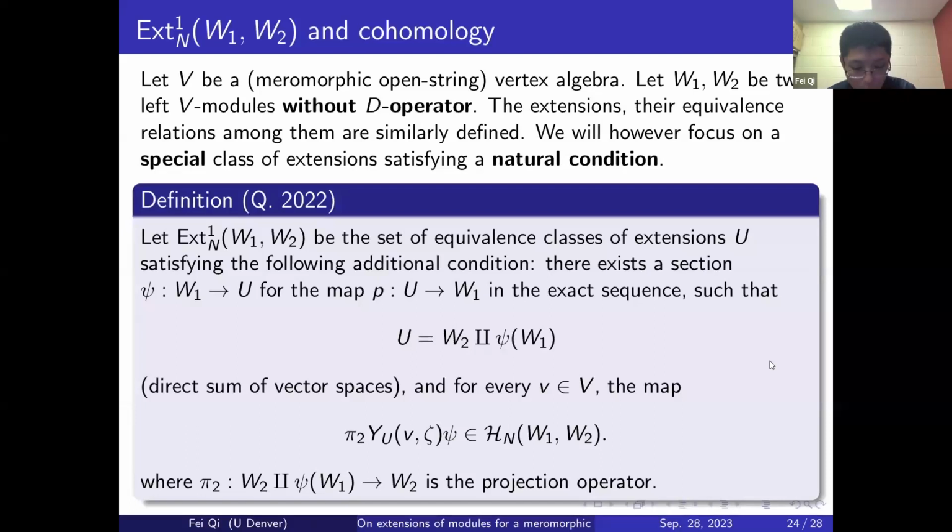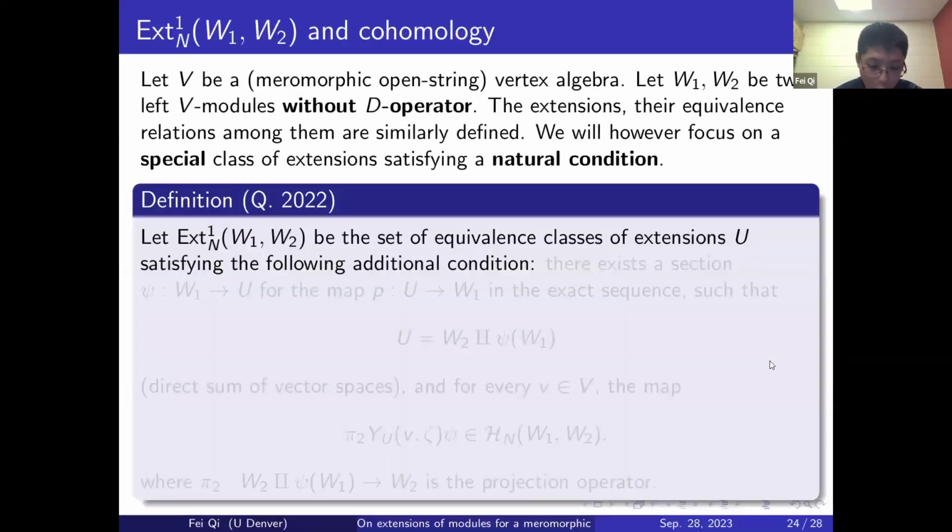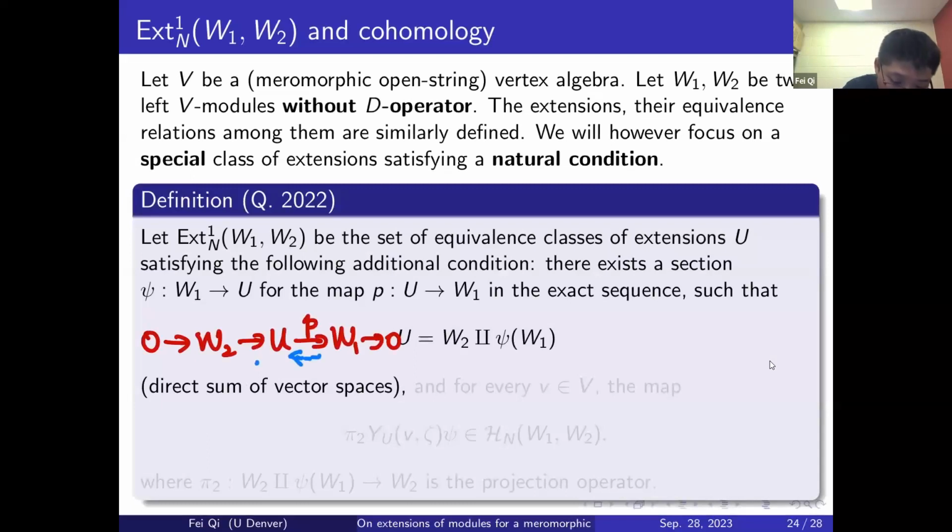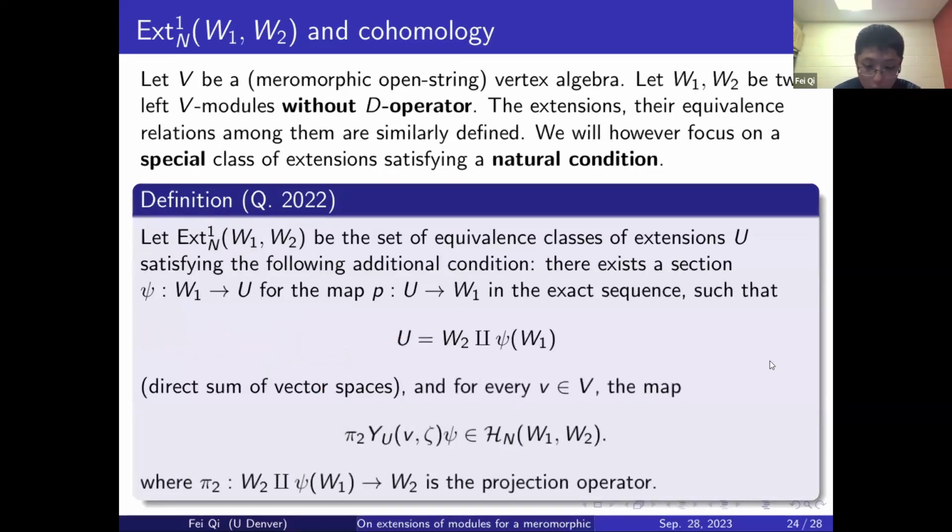Moreover, this pi2 over here is another section of the inclusion. We will require the composition of pi2 and the vertex operator of U, together with the section, to form an element inside H.